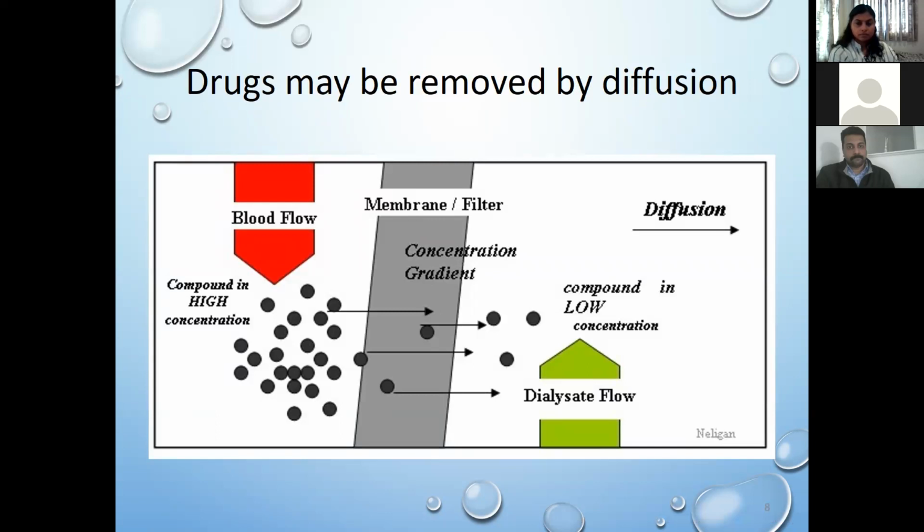In continuous peritoneal dialysis, the membrane is the patient's peritoneum, and so it may not be as efficient at removing drugs because you've got that passive sort of flow rather than the blood flow that happens through hemodialysis filters.